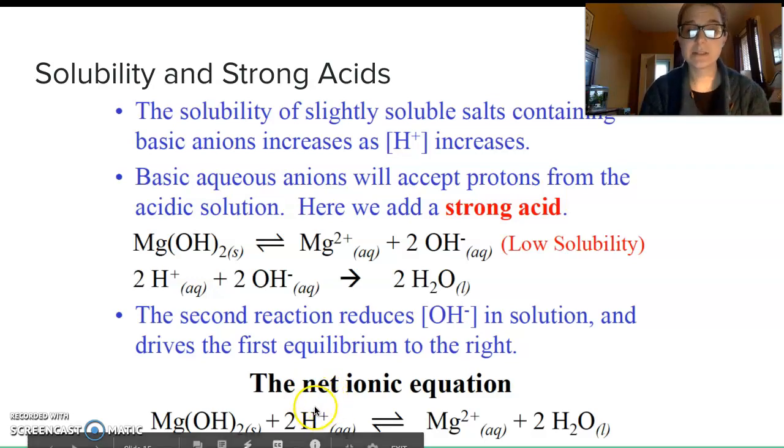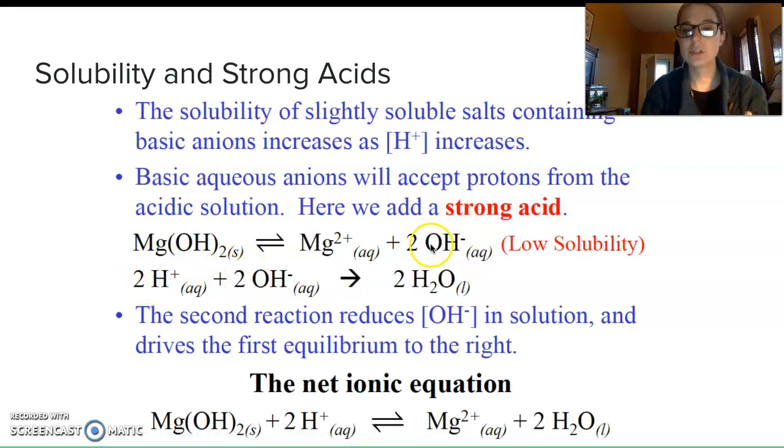What that did was increase the concentration of H plus. How does that affect anything? The H plus is going to react with OH minus, which then shifts the concentration of OH minus.